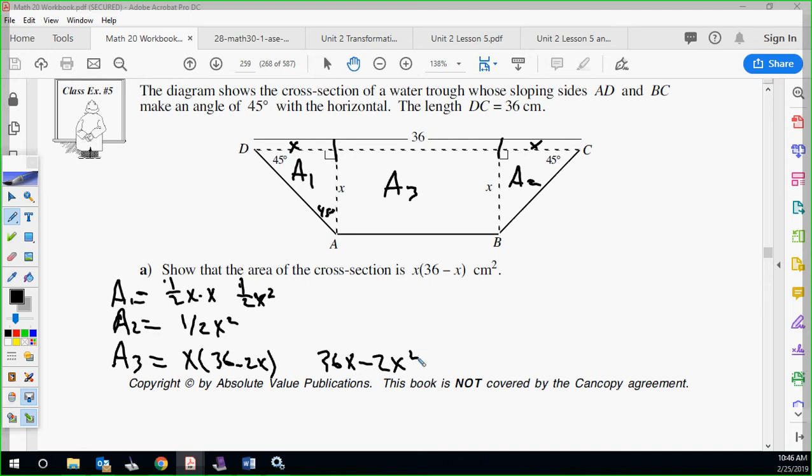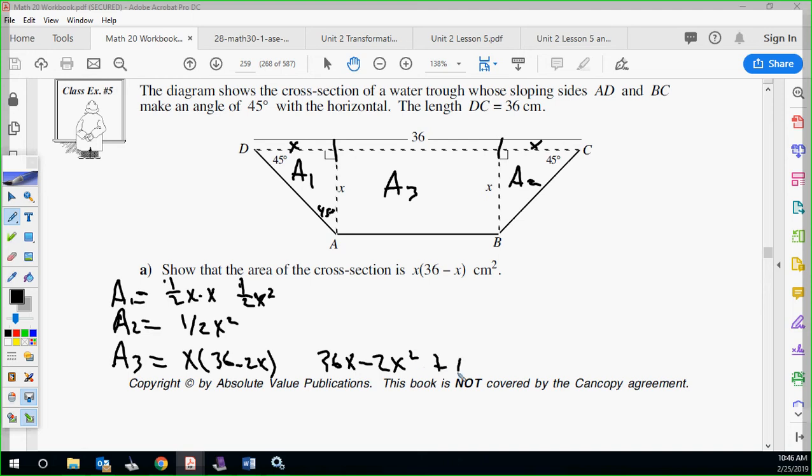Oh, total area of the cross-section. Sorry, the total area means they want the whole thing, not just the middle. They want the whole trough. So we're going to add all these. A1 plus A2, 1/2 x squared plus 1/2 x squared is just 1x squared.